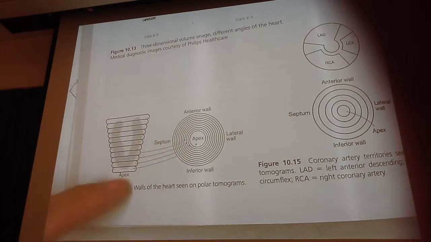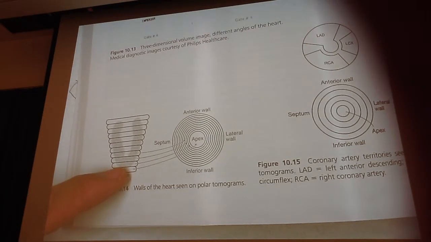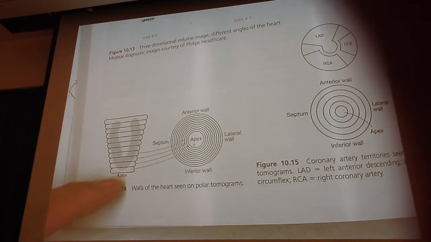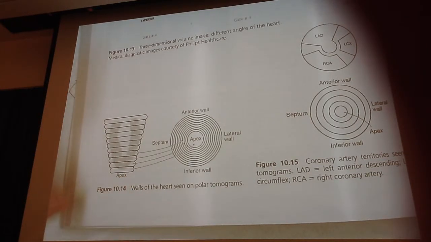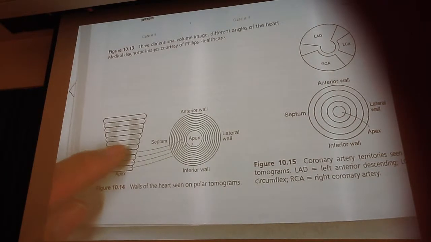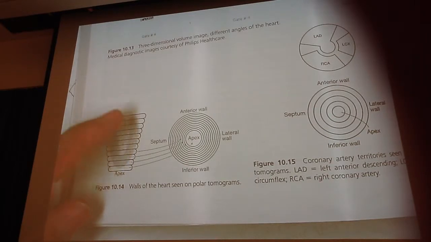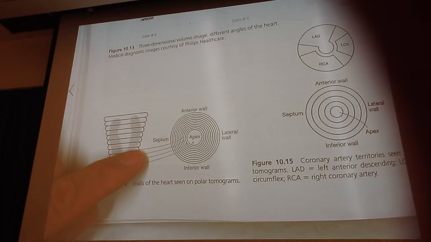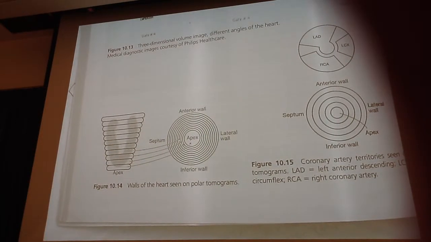Beginning at the tip, what view is that, by the way? This is your short axis view. Your short axis view is the basis for all of your other views. Each one of these is so many millimeters from the original rotation around the patient. And when we have that information, we can then reorient it.